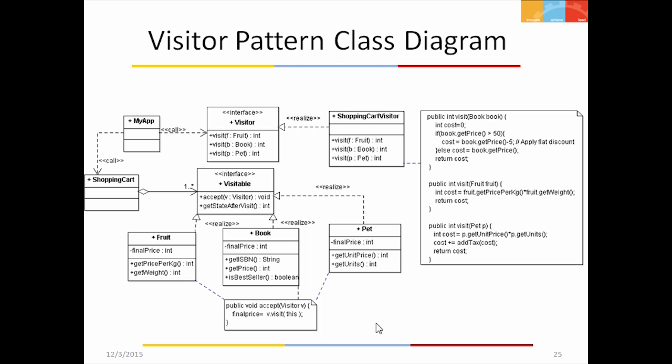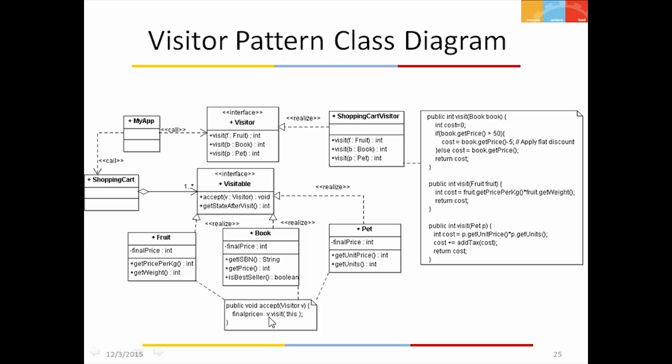As I said, the visitor pattern, the name suggests that the visitor visits a certain object. So in this case, this visitor visits this object, and this is how it visits. This accept method of a visitable class calls the visitor to visit itself.